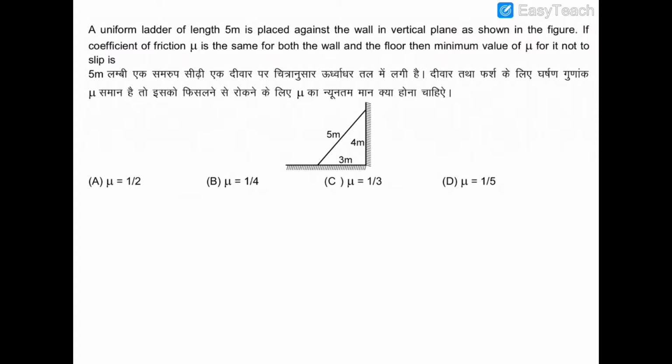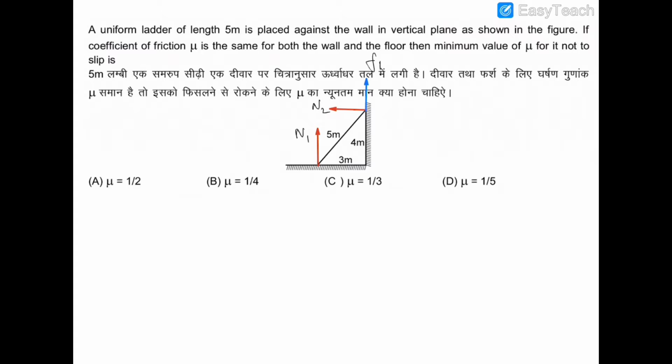So let us first of all draw all the forces which are acting on this ladder. So this is the normal reaction of the ground and this is the normal reaction of the wall. So let us name them as N1 and N2. So this is N1 and this is N2. And the friction acting on the rod due to wall would be in upward direction.